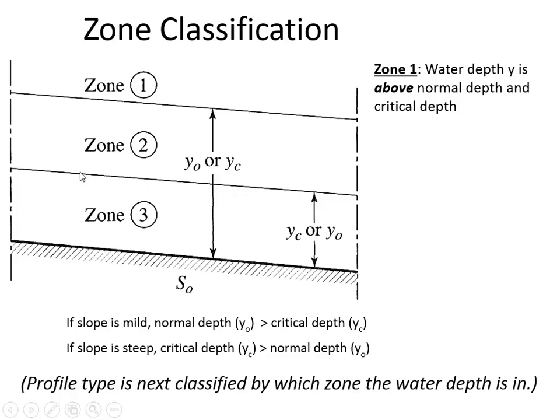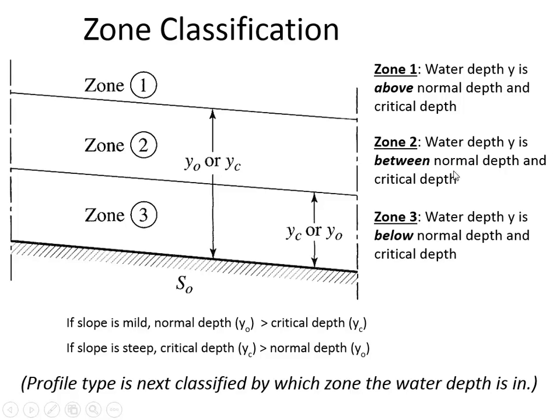Normal depth or critical depth will be the lower one. So it's not going to be critical depth for both of them. It's going to be one or the other on top. And zone 1 is above the highest of the two. Zone 2 is between them. Zone 3 is beneath the lowest of them. So zone 1, zone 2, zone 3.